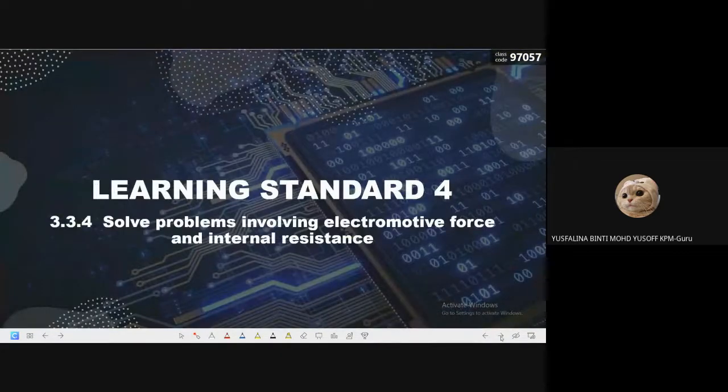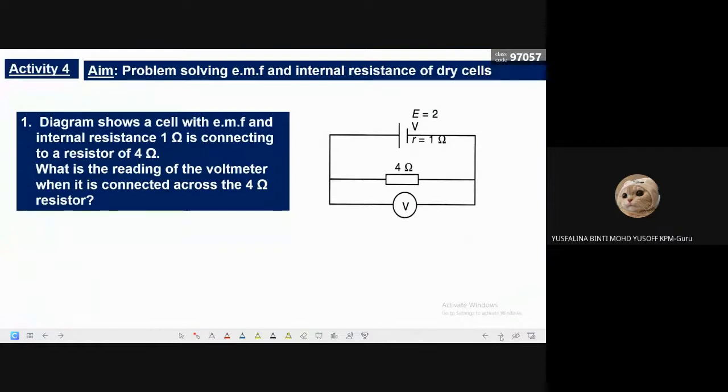Okay, so now we need to learn how to solve the problem. The diagram shows a cell with EMF and internal resistance 1 ohm connected to a resistor of 4 ohm. What is the reading of the voltmeter when it's connected across the 4 ohm resistor?